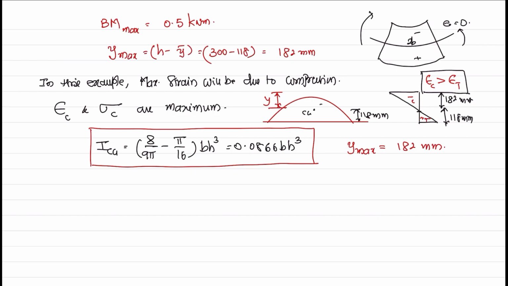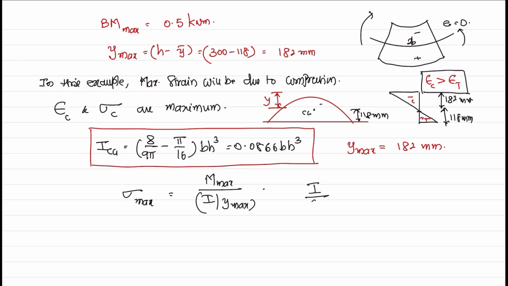Now, please calculate sigma max. Sigma max is equal to M max divided by I by Y max. What is I by Y max?